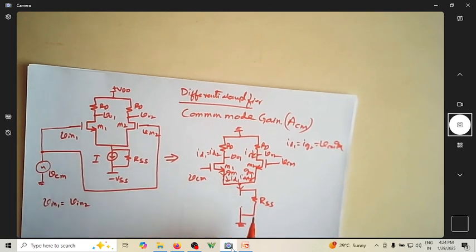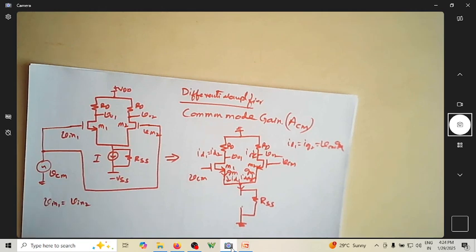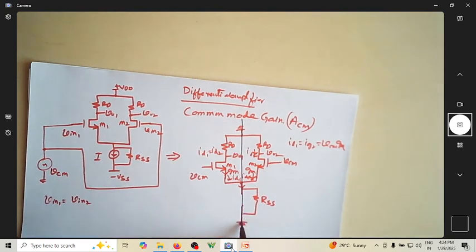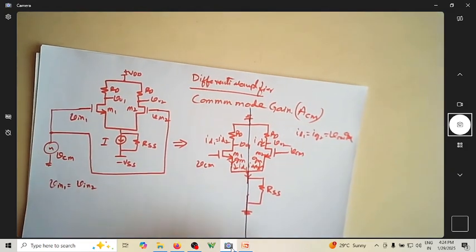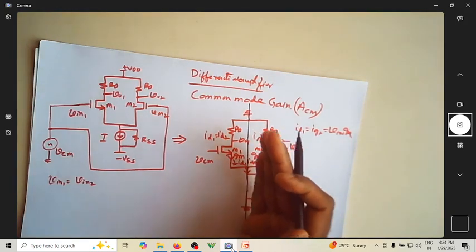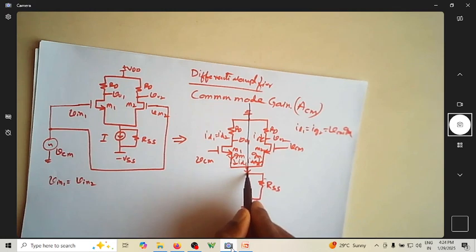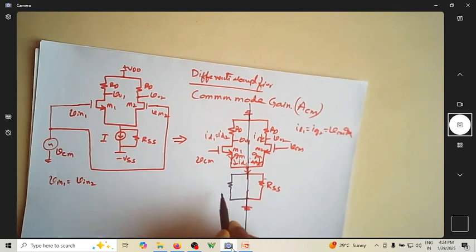For further analysis, I'll split this vertically in half. This RSS is common for both the M1 transistor as well as the M2 transistor. I'll split this resistor RSS into two resistors of value 2RSS.